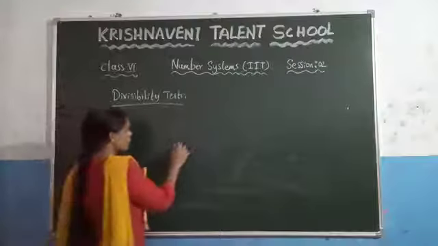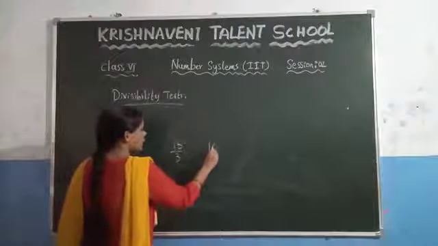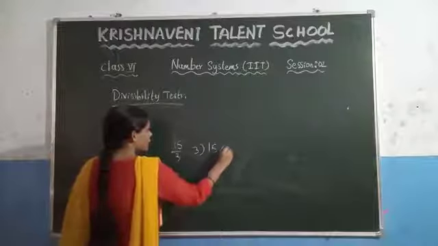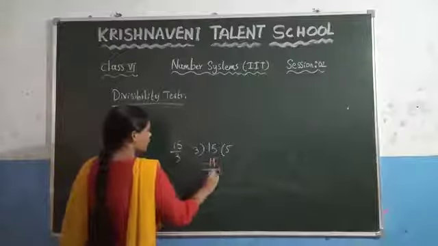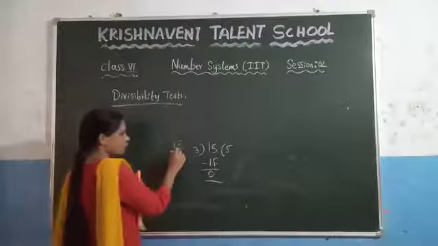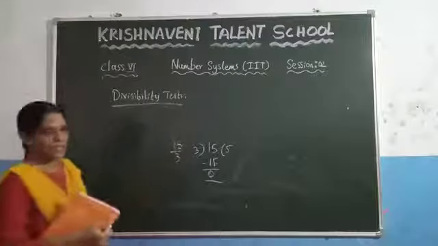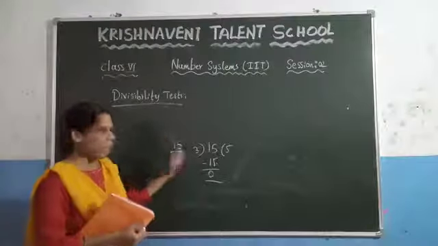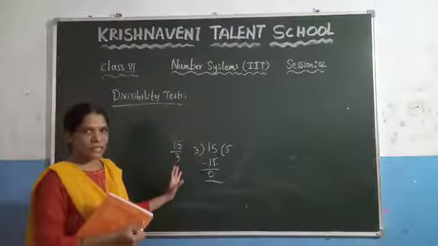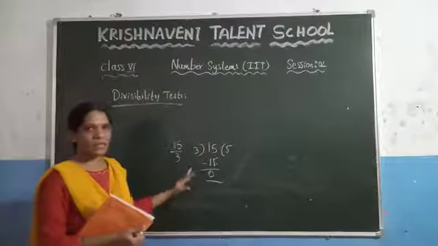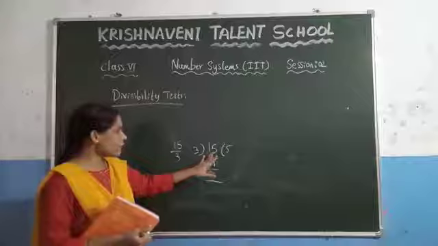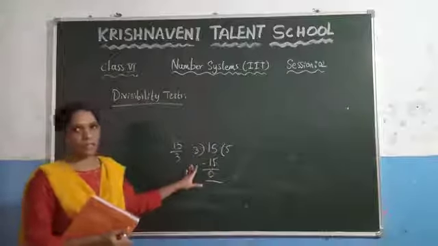Suppose we want to calculate 15 by 3, what will we get? If you divide these two numbers, you will get the remainder as 0. So we can say that 15 is completely divisible by 3. When the remainder is 0, we can say that the given number is completely divisible by the other number.